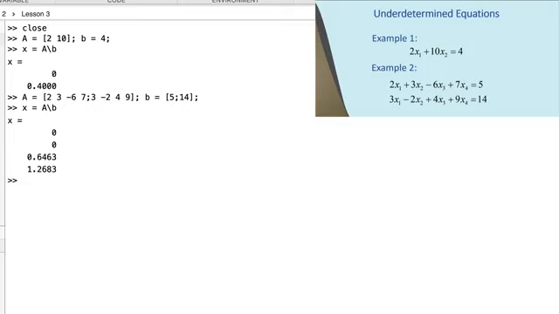It'll give you as many zeros as it can get away with, which is at least 1 for every missing equation. Here there are 4 unknowns and only 2 equations, so we would need 2 more equations to avoid having an underdetermined solution. So we got 2 missing equations. So word to the wise.